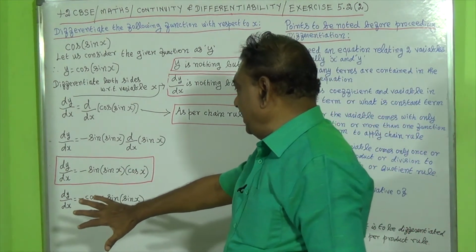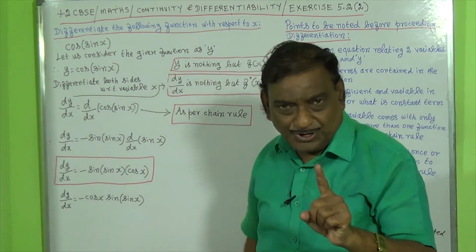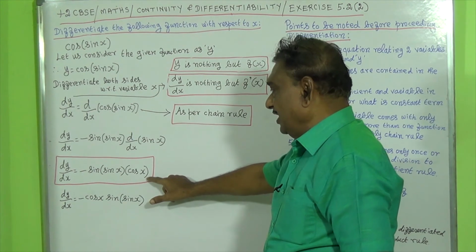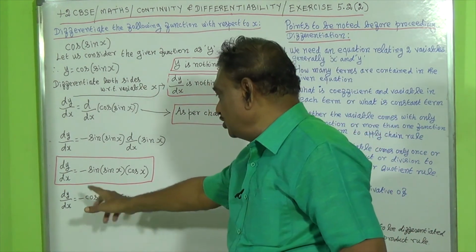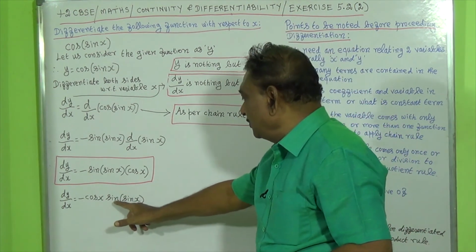Thereby, we will get dy by dx equal to minus sin of sin x into cos x. We can also write this as dy by dx equal to minus cos x into sin of sin x.